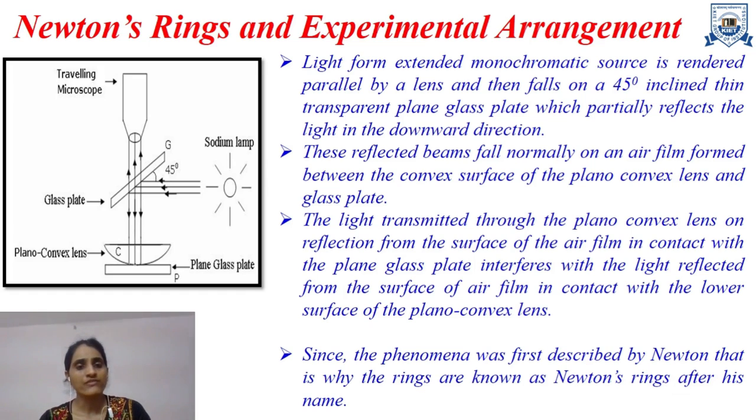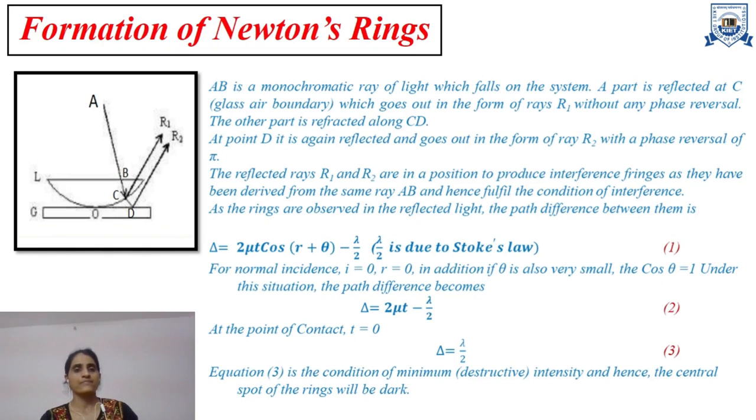Now, next we will explain how the Newton's rings are formed, that is, how the circular rings are formed. So, formation of Newton's rings. The Newton's rings are formed at the plano-convex lens, denoted as C, and the plain glass plate, denoted as P in the previous slide. I will explain that portion again. Here L is my plano-convex lens and G is my plain glass plate.